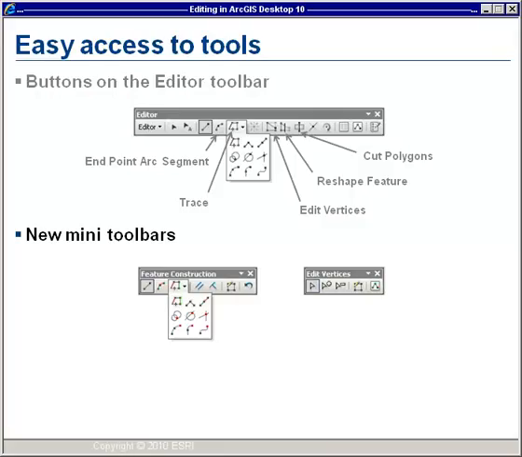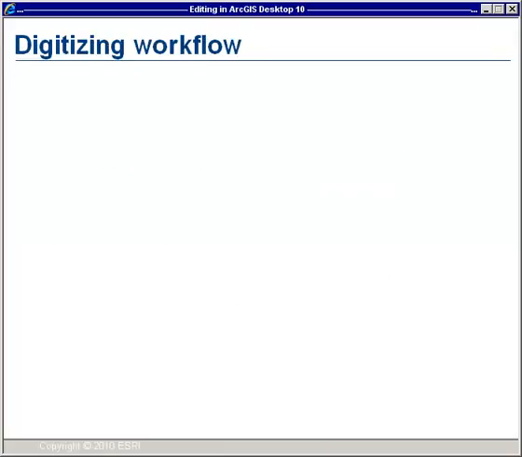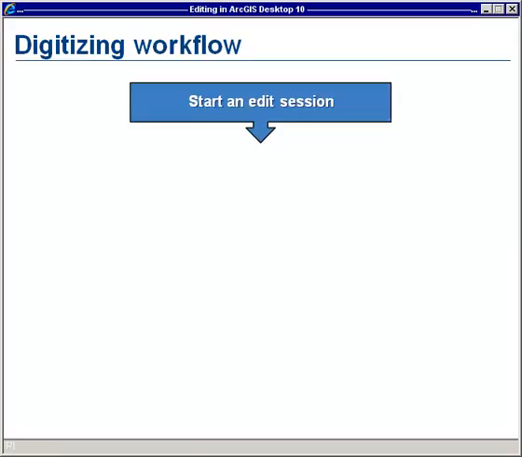All right, so in summary, our digitizing workflow has been streamlined a lot. Starting an edit session, you can either do it from the editor toolbar, or you can right-click on any layer in the table of contents and start an edit session for the layer and for the entire workspace that contains the layer.